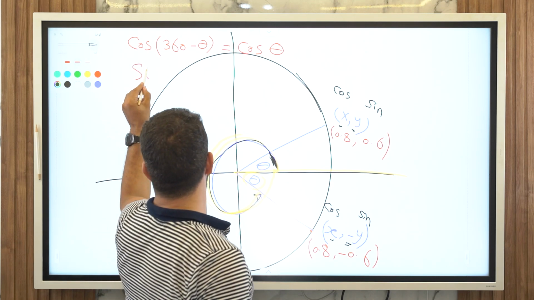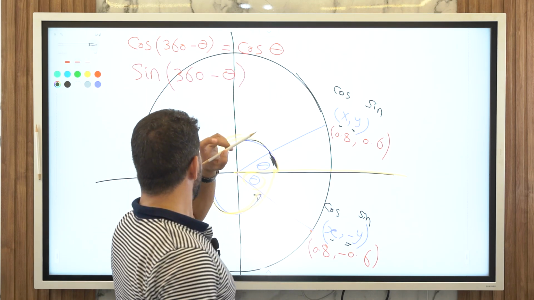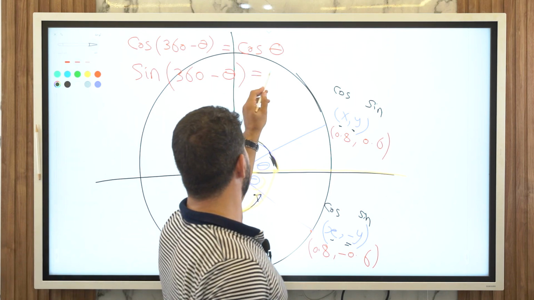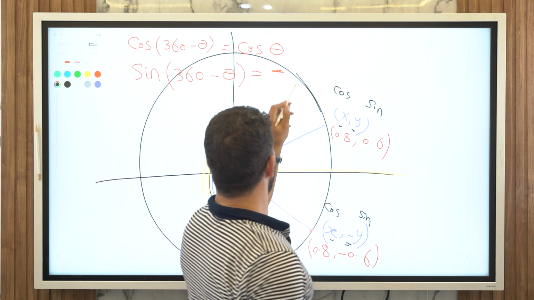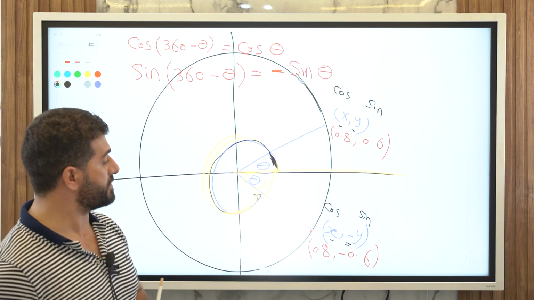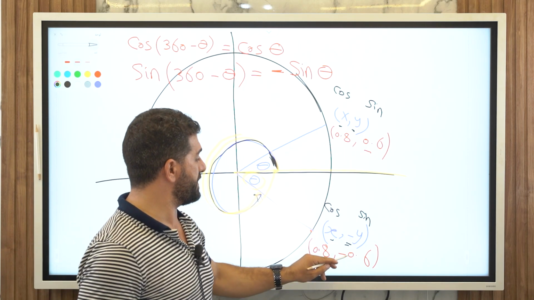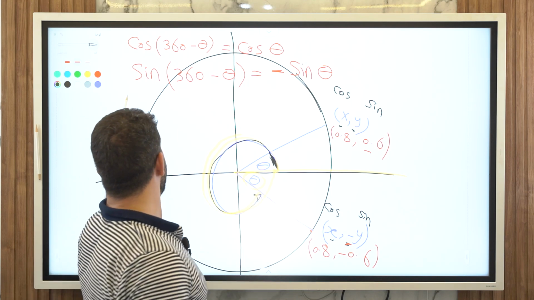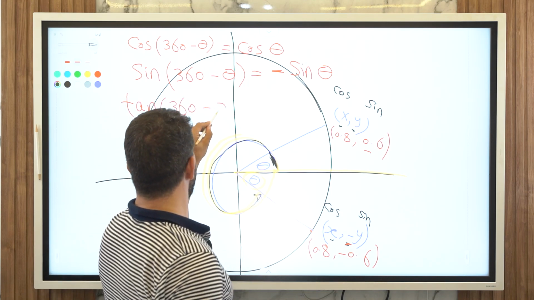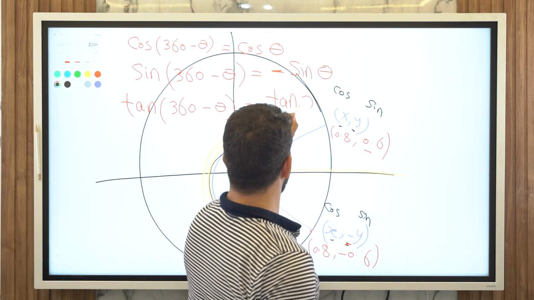What about sine? Sine 360 minus theta: you know, 360 minus theta lies in the fourth quadrant and sine is negative. So that is equal to negative sine theta. Here it's y and here it's negative y.